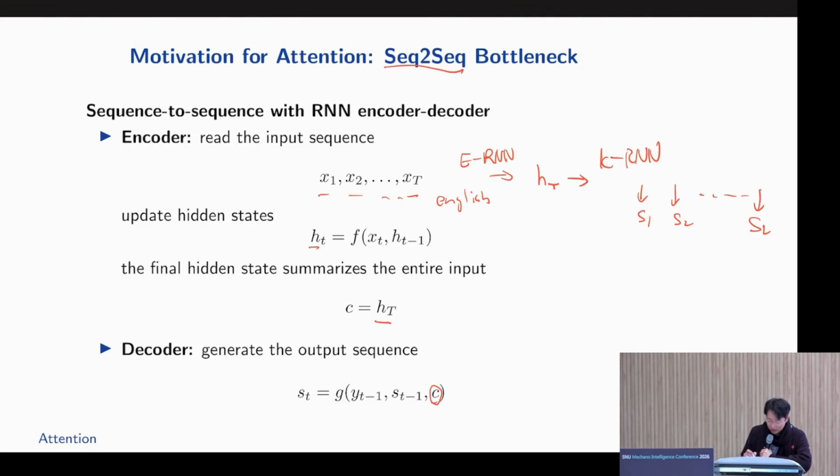To decode these translations, you have this condensed information about the English input and the previous hidden state in the Korean RNN and the correct output.